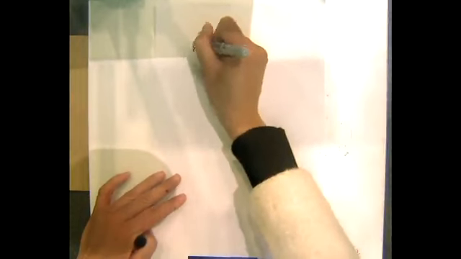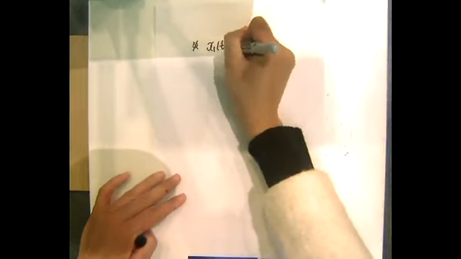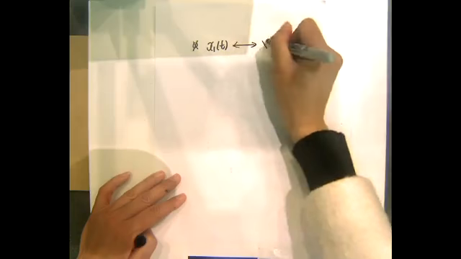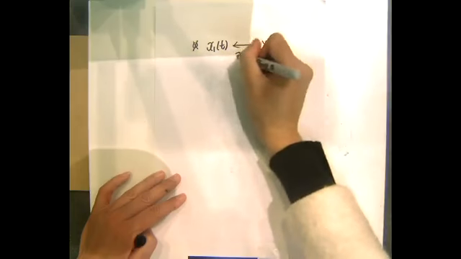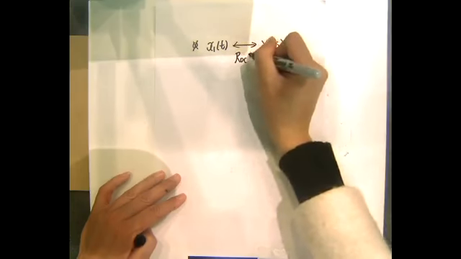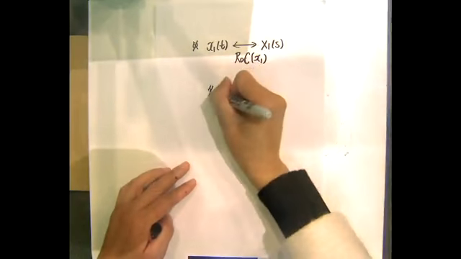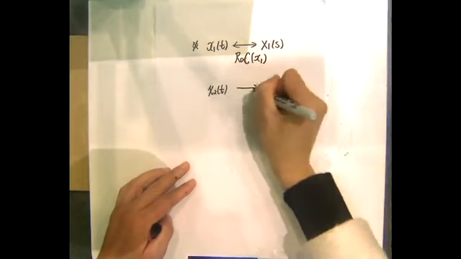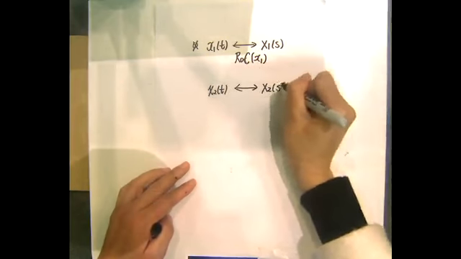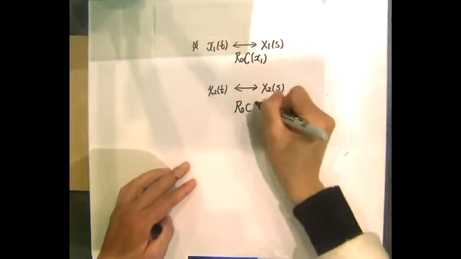What I really need is: x1(t) has x1(s) and a region of convergence, and x2(t) has x2(s) and a region of convergence.